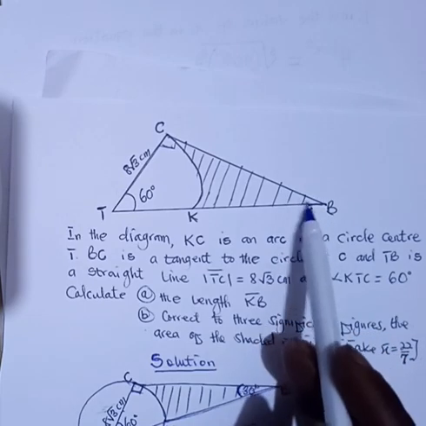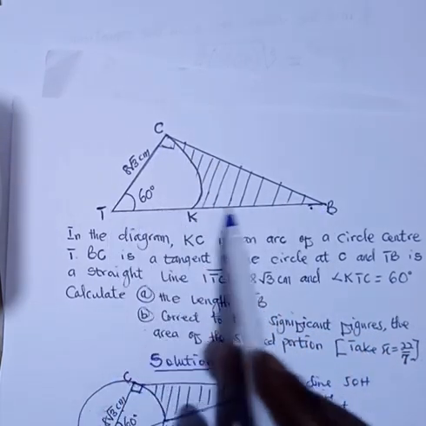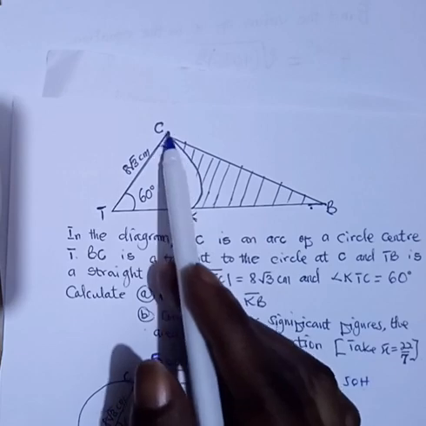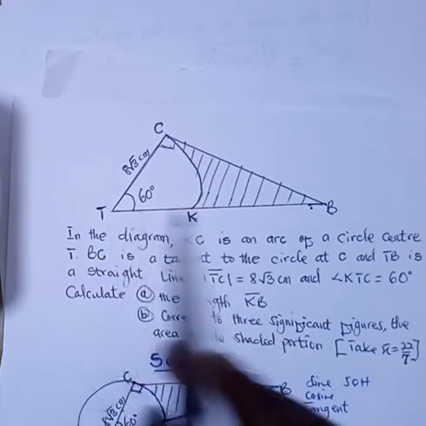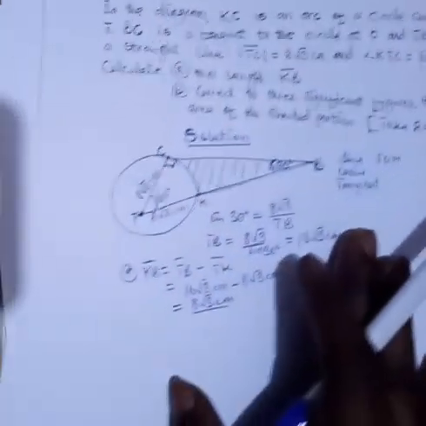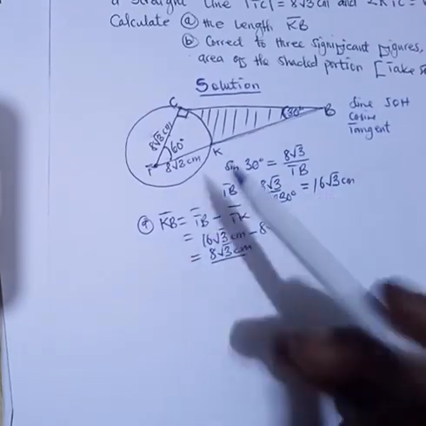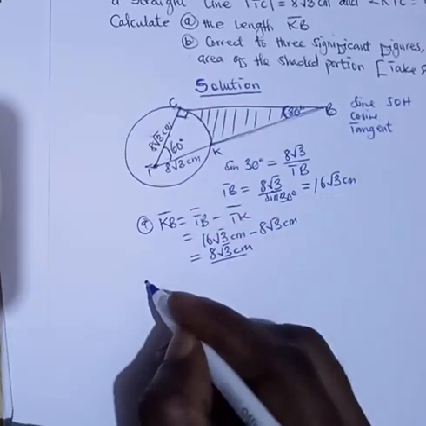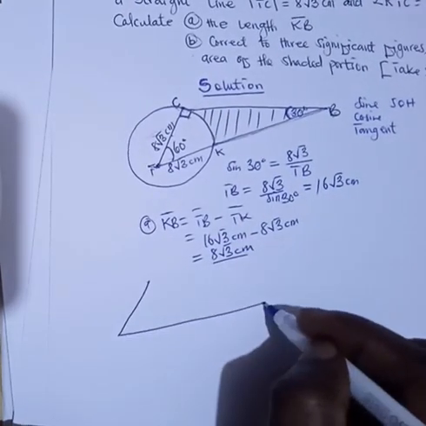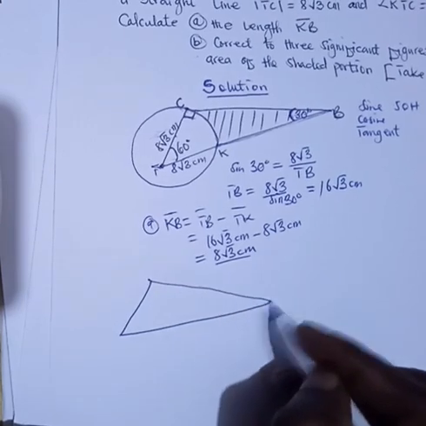Have you gotten that? So looking at the entire diagram, you see I have already said that it's a right angled triangle. So this is the entire shape.